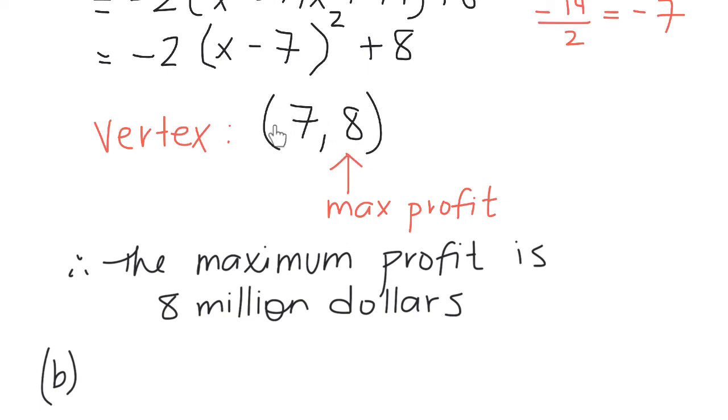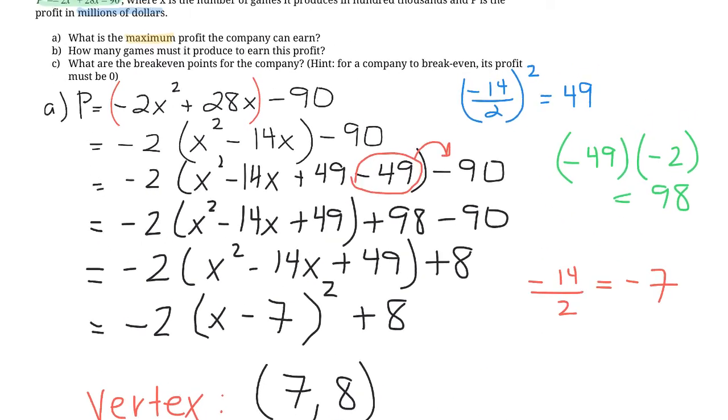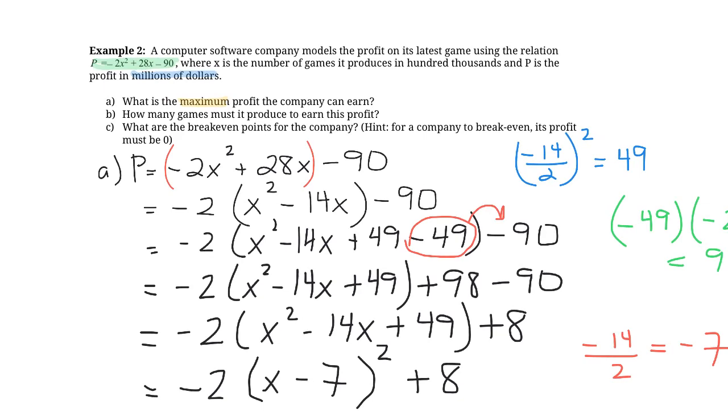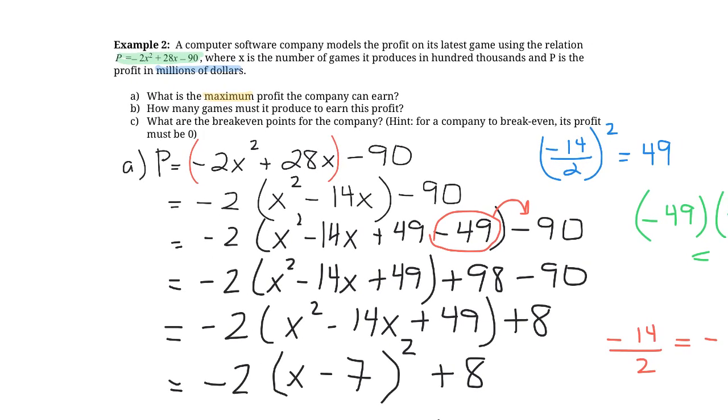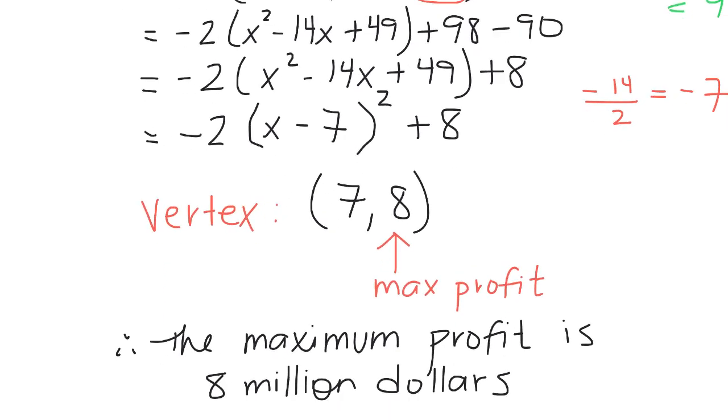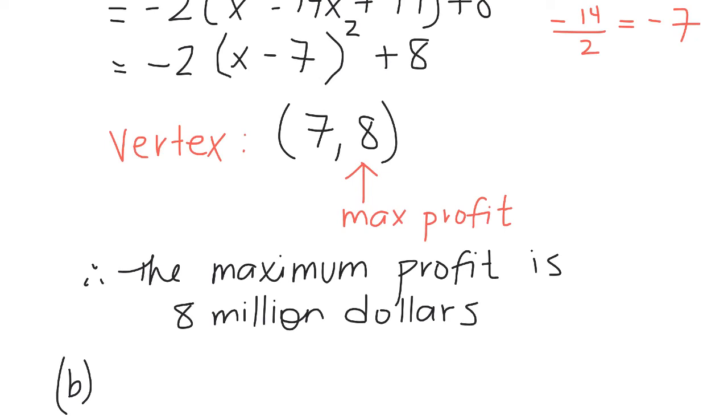But does that mean they only make 7 games in order to generate $8 million? Well, if we go back to our original question, they tell us that x is the number of games that the company can produce in hundred thousands. So that actually means that the company can make 700,000 games in order to earn a maximum profit of $8 million.